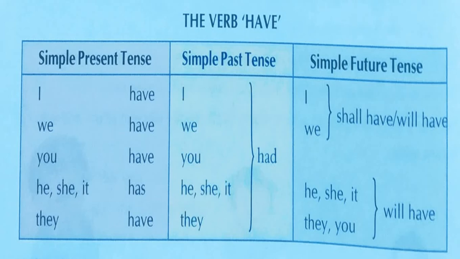That is, I shall have or will have, we shall have or will have. We can use both, shall or will. He will have, she will have, it will have, they will have, and you will have. Okay, is it clear? You can go through the book also, students.